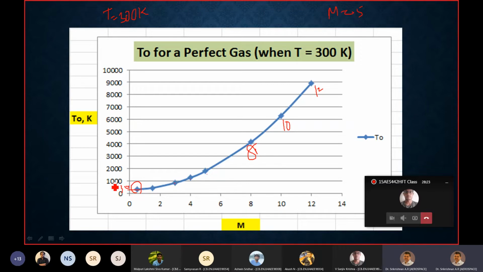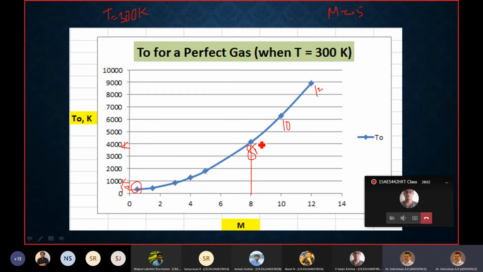But by the time you are at Mach 4, it becomes 1000 Kelvin, right? And for Mach 5, it becomes close to 2000. And say Mach 8, the stagnation temperature is 4000 Kelvin. That is, if you bring Mach 8 flow to stagnation state, you are going to have a temperature of 4000 Kelvin.